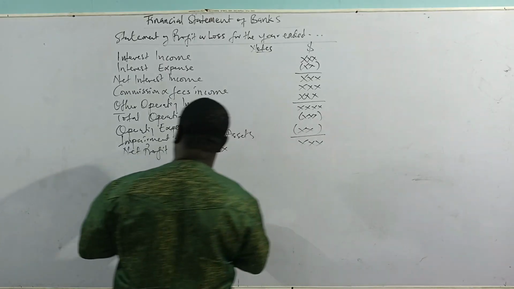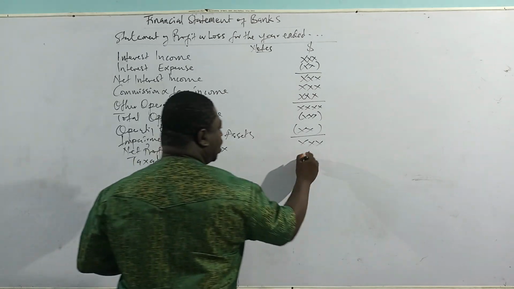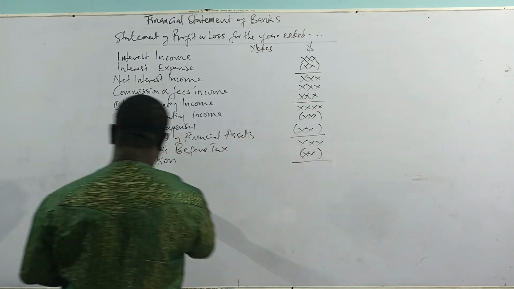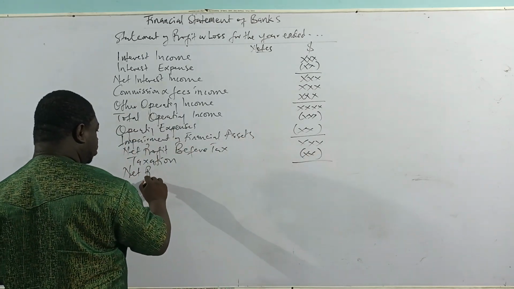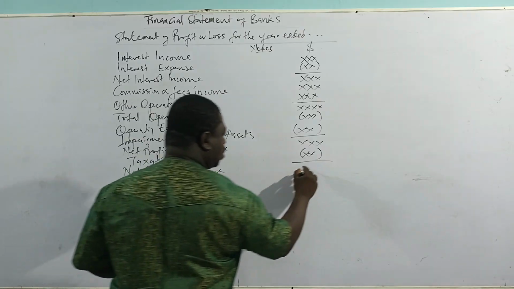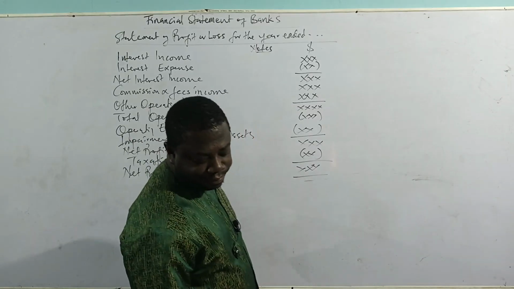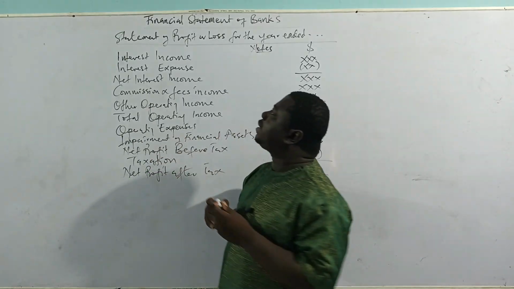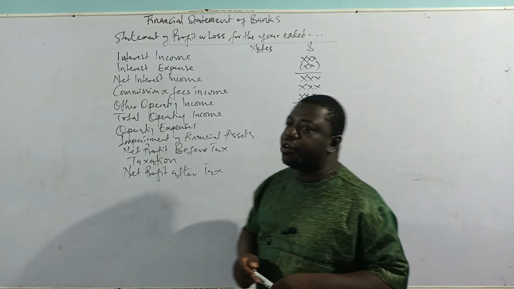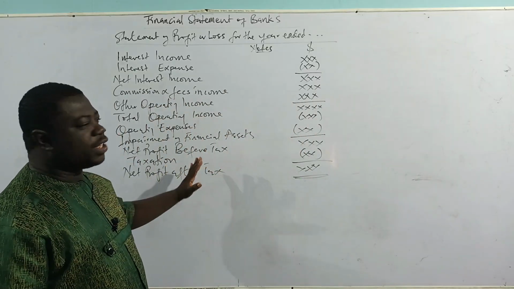And then after profit before tax, you now take out your tax or your taxation expense, and then you have your net profit after tax. So you are done. Yes, you are done. So this is the format of the statement of profit or loss for a bank, the income statement of a bank.